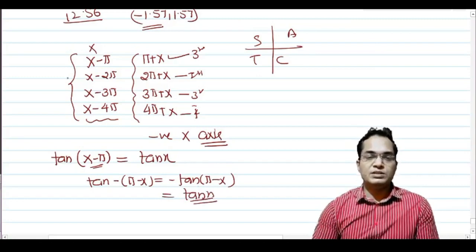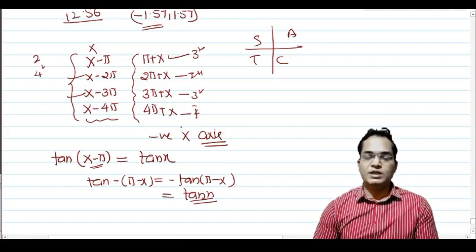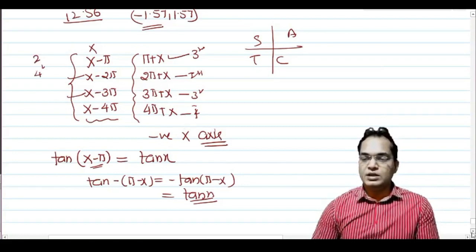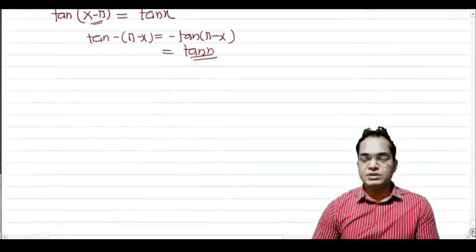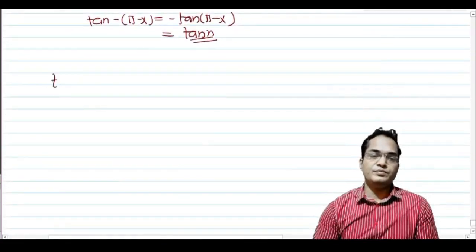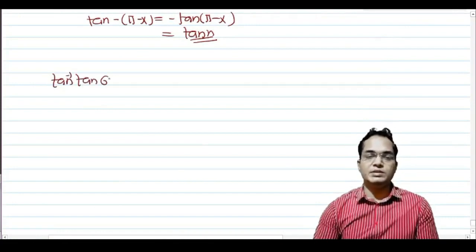Similarly, this is for the fourth quadrant. Okay, this is for the second quadrant. Means here the second and fourth quadrants are covered. Here first and third are covered. Now somebody asked me to find the value of tan inverse tan of 60.